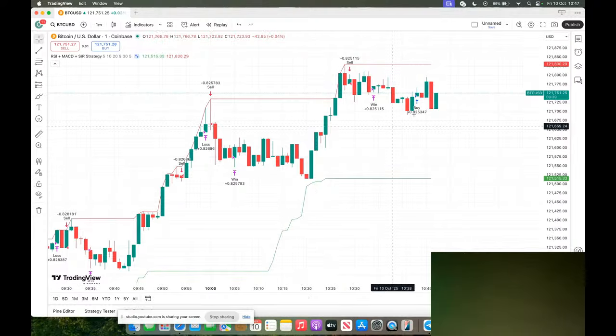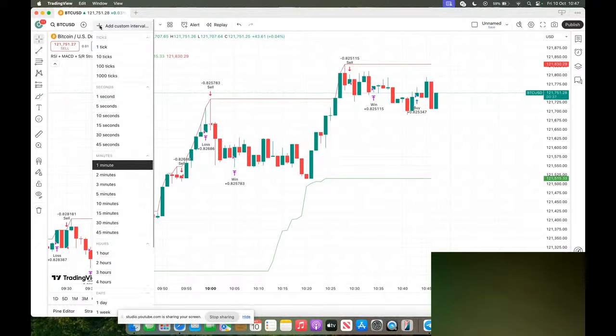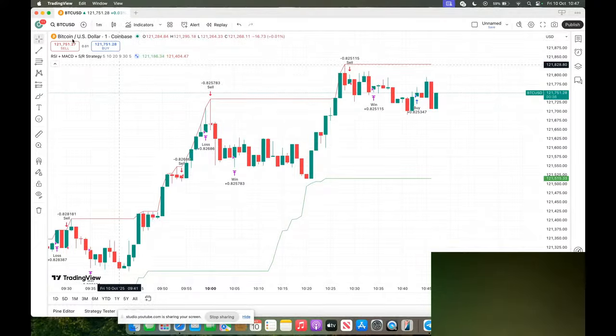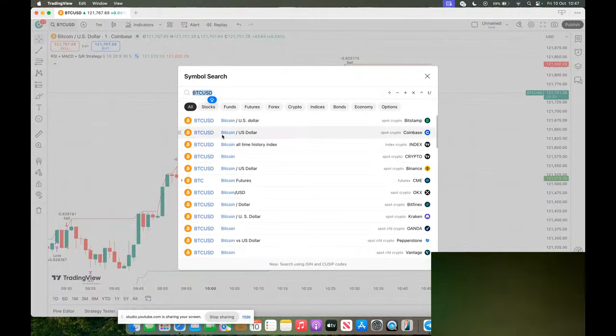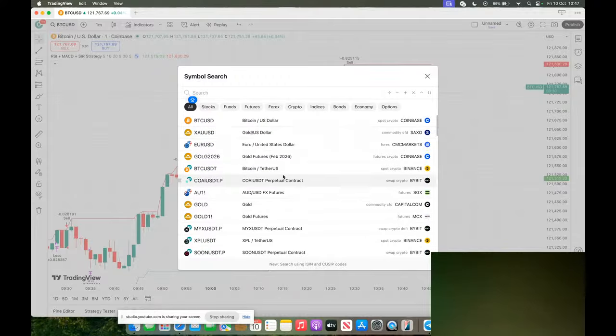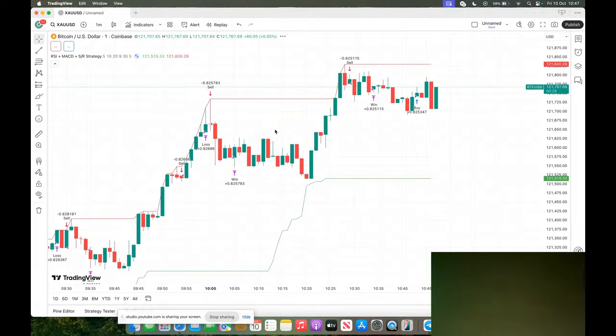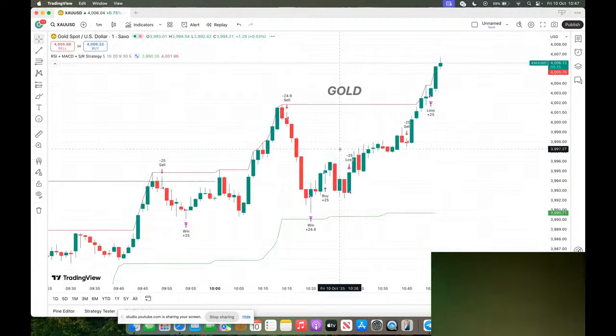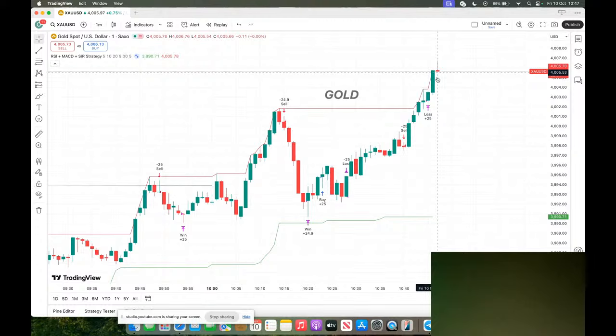I'm still struggling. So you see that this doesn't just work for currencies, it also works for crypto. It works very well for crypto. So let's look for a sell sign here. Let's see what it's going to show us.